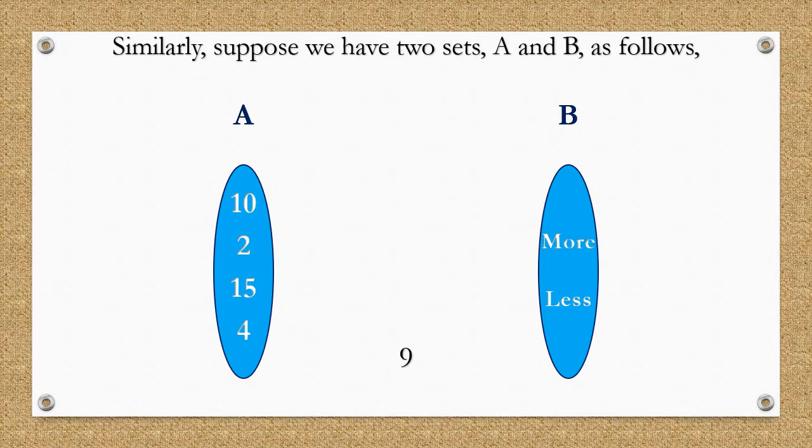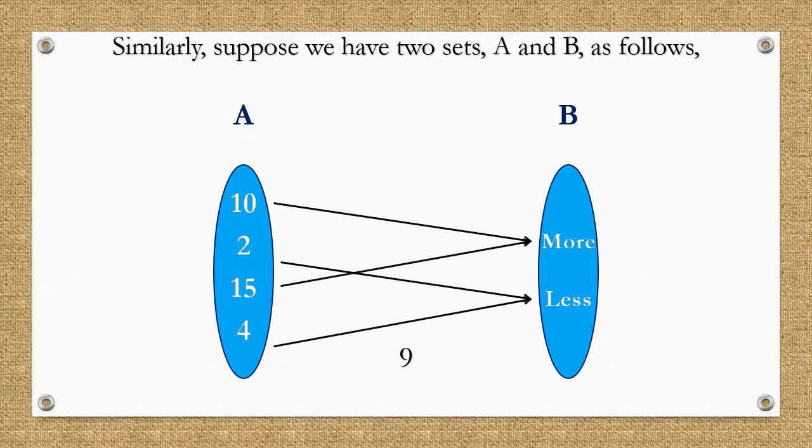Any value greater than 9, I will depict as more, and any value less than 9, I will depict as less. You can see here how I have done this. That means here the relationship between A and B is marked at the value 9. Anything more than 9 is more, less than 9 is less. So this is also a kind of relationship between A and B.